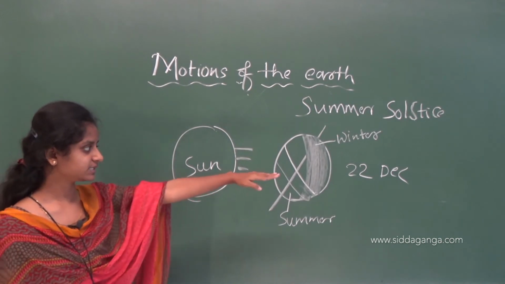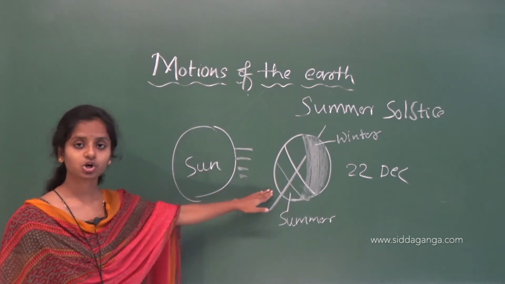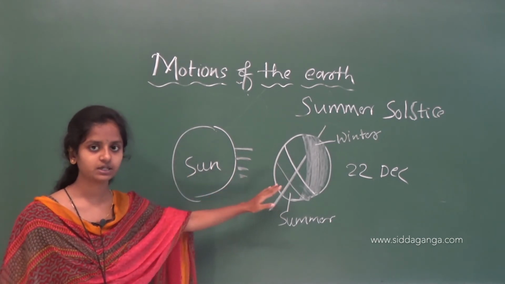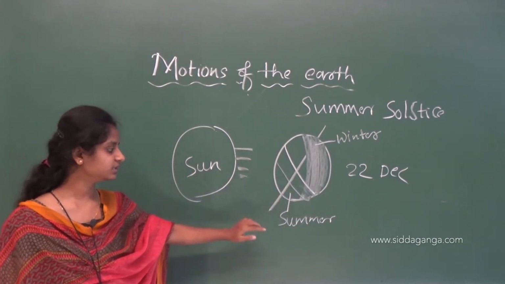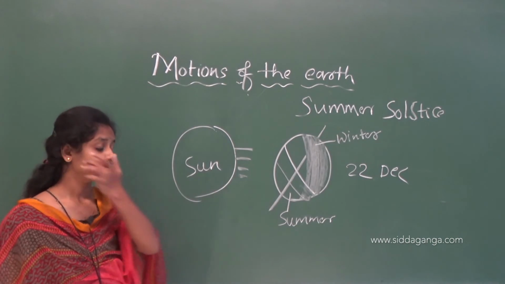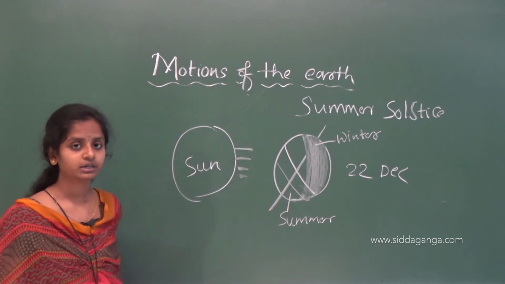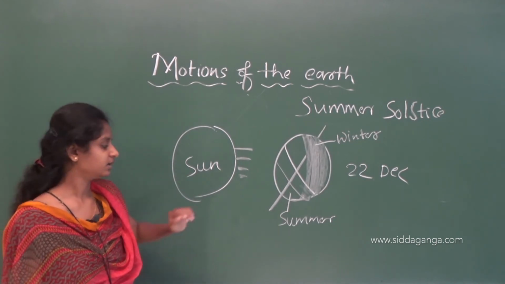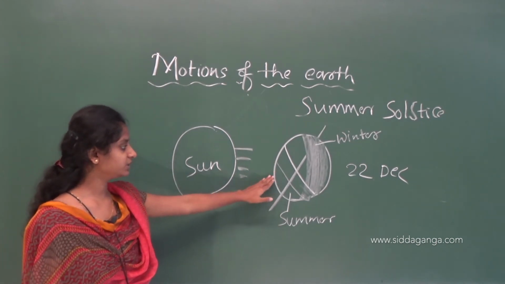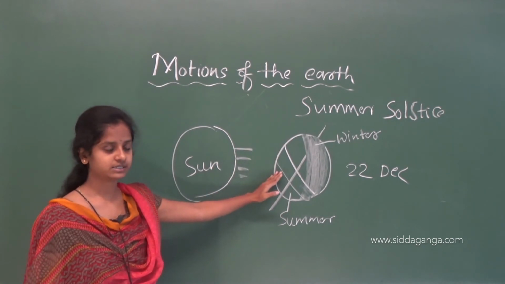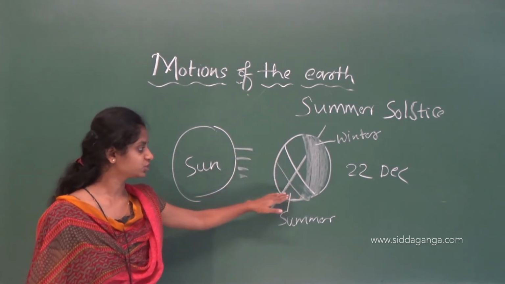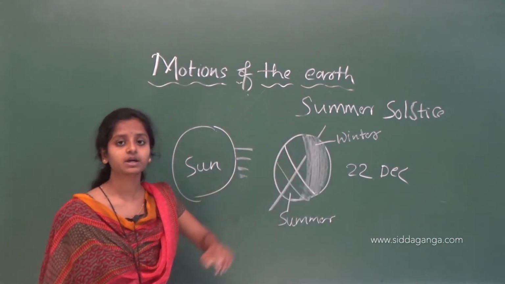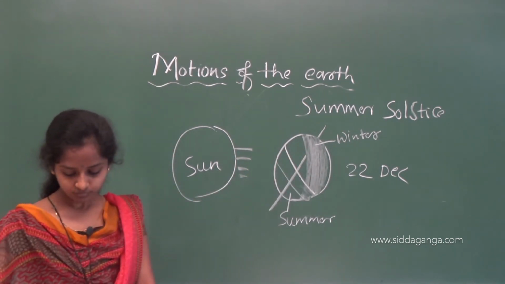The Tropic of Capricorn lies in the southern hemisphere. We have seen that in the previous class. So this Tropic of Capricorn will receive the sun rays and this southern portion will be summer and this northern portion will be winter.